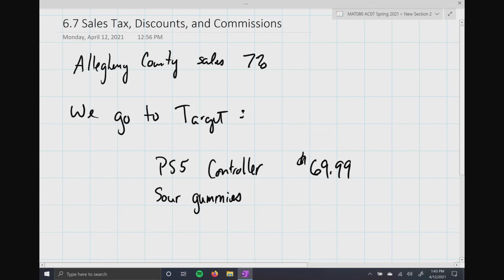Is it a big bag or a little bag? It's a bigger bag, I guess. I don't know, like maybe $4. Probably $5.99. Family size candy is usually about $5.99, $6.99. I always buy the family size Reese's Pieces. They're really good. All right, are we buying anything else at Target?